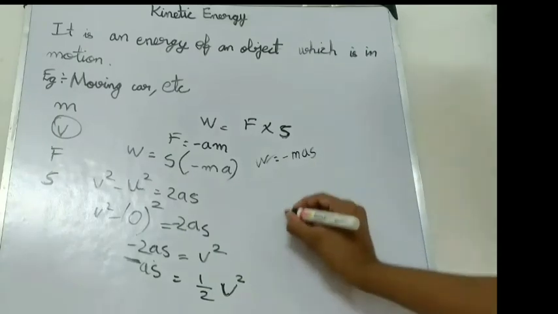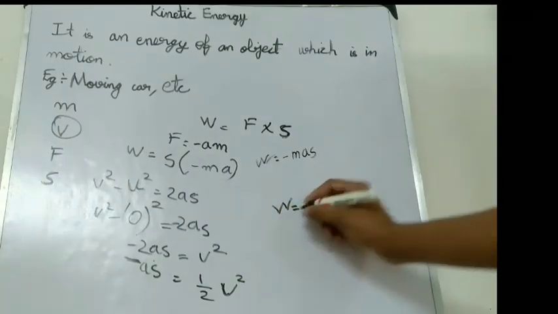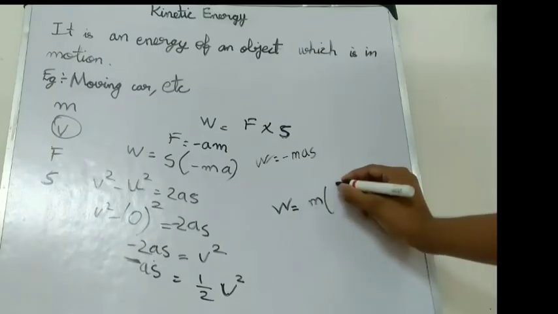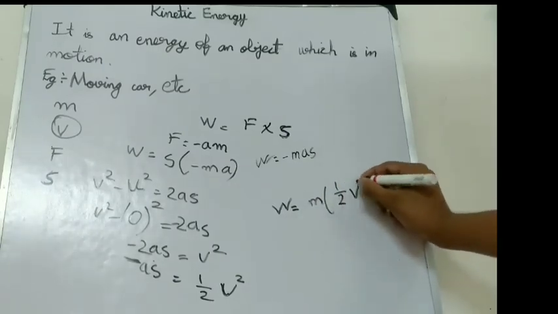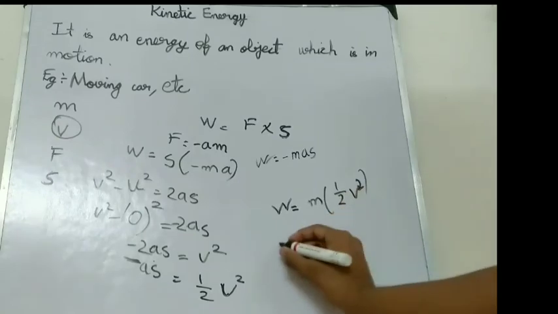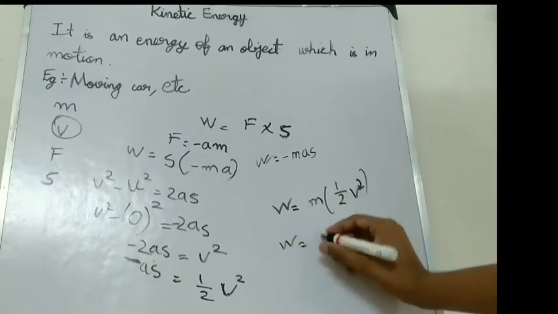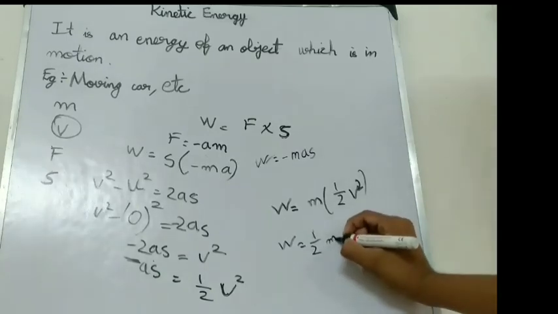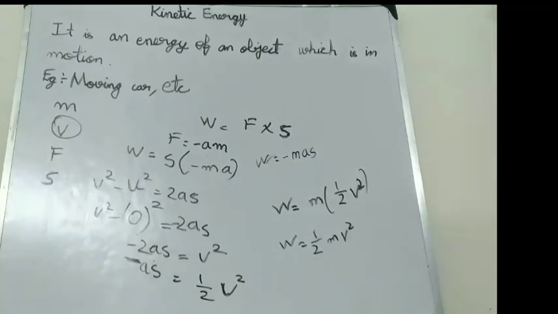So the work done is equal to m into 1 by 2 v square, which is nothing but 1 by 2 m v square. So you found the formula of kinetic energy.